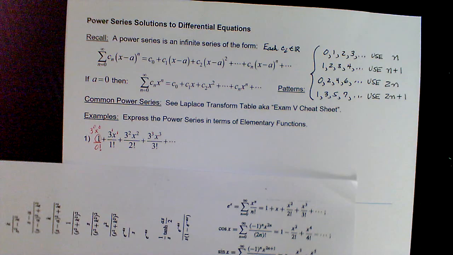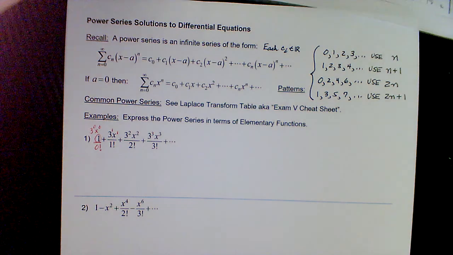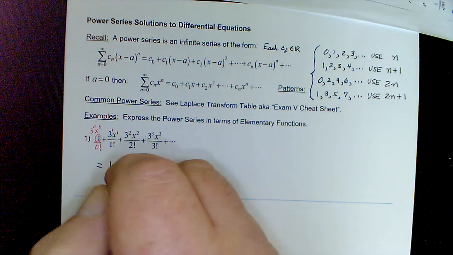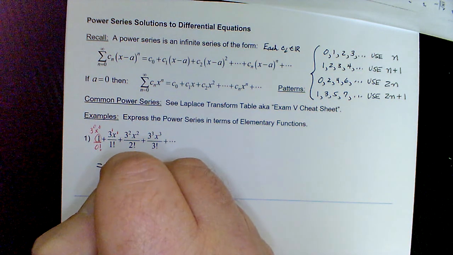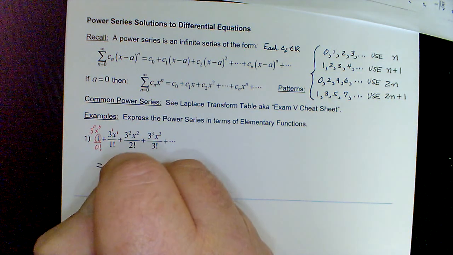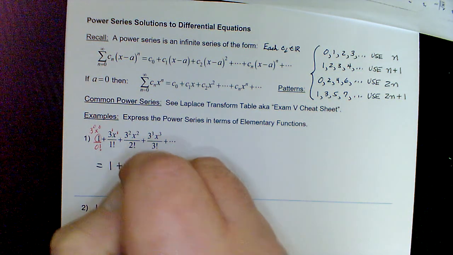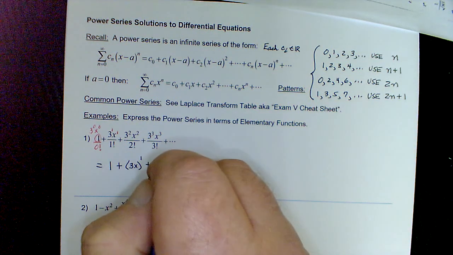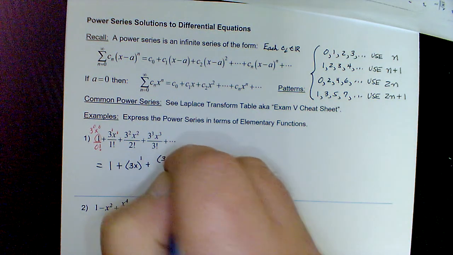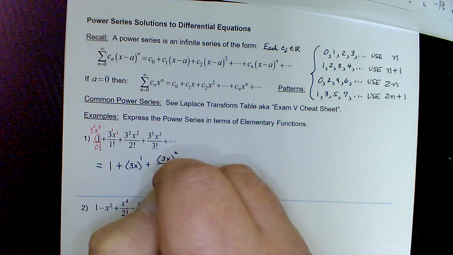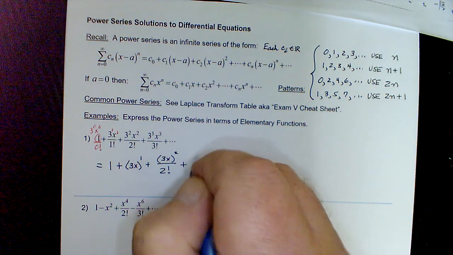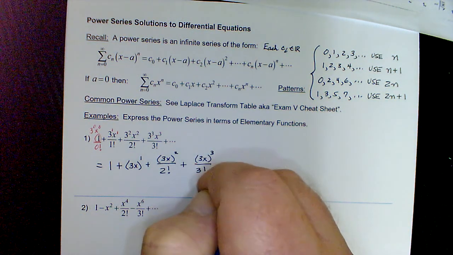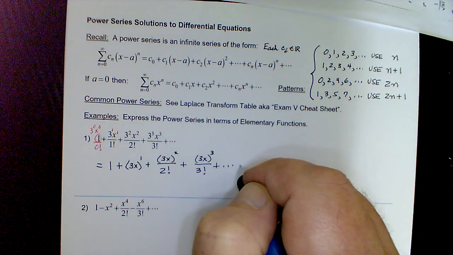And so this expression you can consider to be of the form 1 plus, and then I'm not going to worry about the 1 factorial. I'm going to rewrite it as 3x as a quantity to the first. And then plus 3x as a quantity squared over 2 factorial. And then plus 3x as a quantity cubed over 3 factorial, and so on.